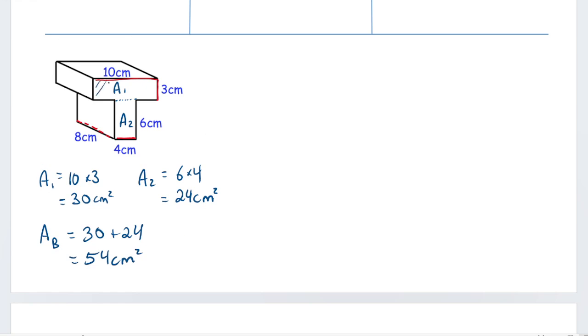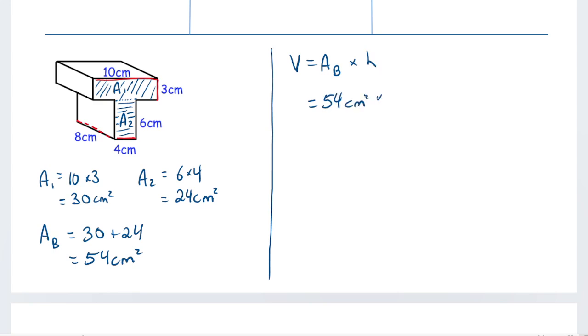So we found the area of that part, and we found the area of this part, and we added those together to get the area of the entire T of the base. And then we can go back to our volume. Volume is equal to area of the base times the height, which in this case, the area of the base we found 54 centimeters squared.